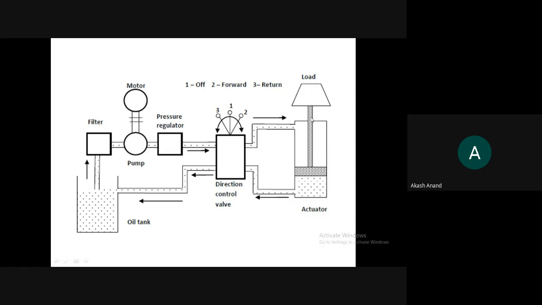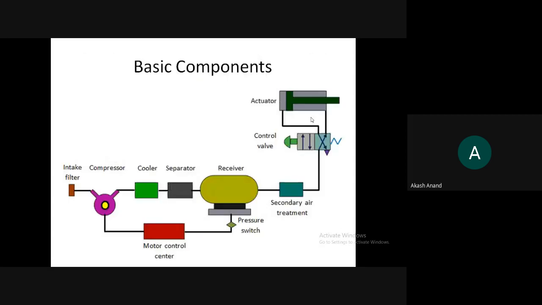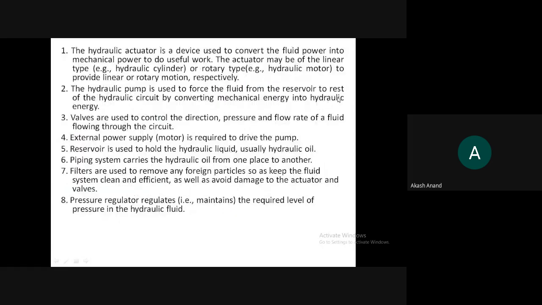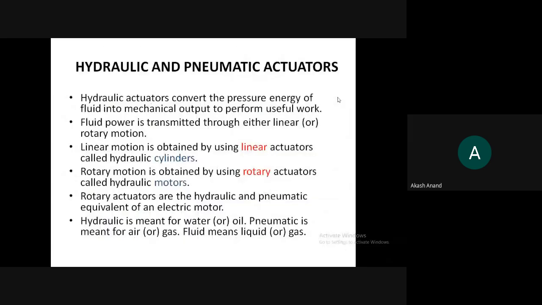In the case of a pneumatic system also, the pressurized or compressed air's expansion is converted into mechanical output. So this is the basic feature of a hydraulic actuator and a pneumatic actuator.